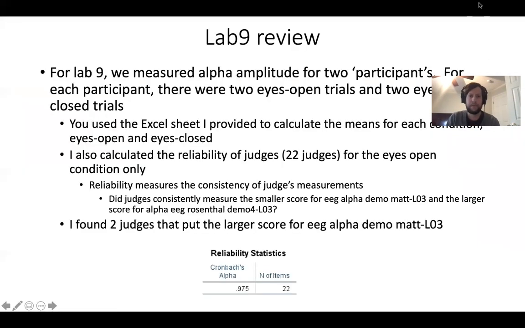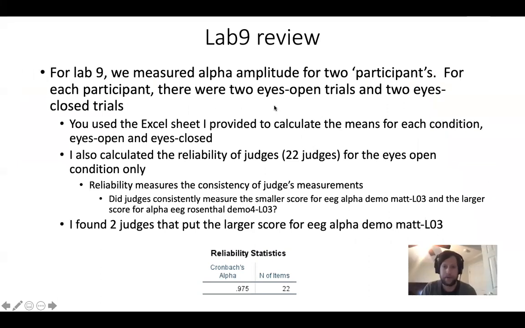For this lab, just to remind you what you did Friday, there were 2 participants. The 2 participants were actually just 2 different versions of me. I did the experiment one day by myself, and then I did it another day with Alex, my assistant. The one with Alex is the one that was recorded. I showed that in class last time. So just 2 different experiments where I was the participant for both, on 2 different days.